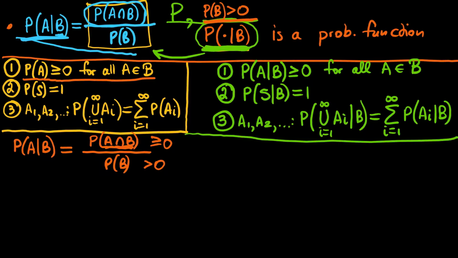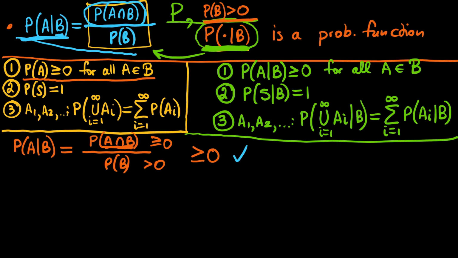Because P is a probability function. So then, with the numerator greater than or equal to 0 and the denominator strictly positive, we will get something that is greater than or equal to 0. And this will be true for any A elements of the Borel field. Okay, so we are done with this one.